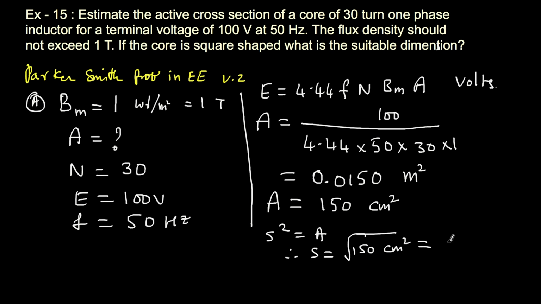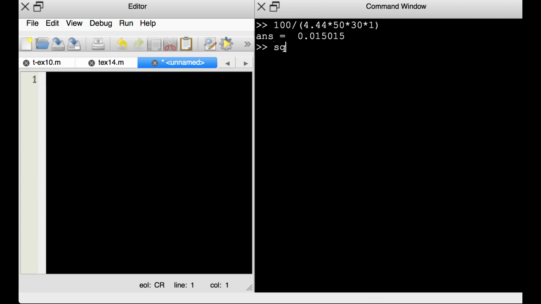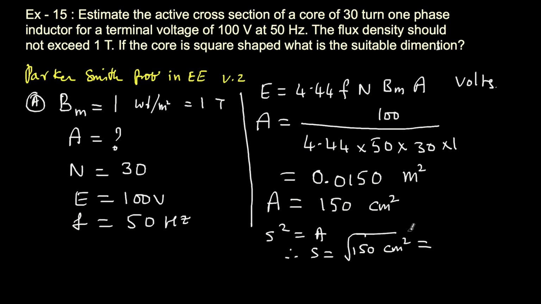So let's do the square root of 150, which is 12.24. So should you take 12 or should you take 13? Always go for the higher area. So I can go 12.24, so this will be 13 centimeters.